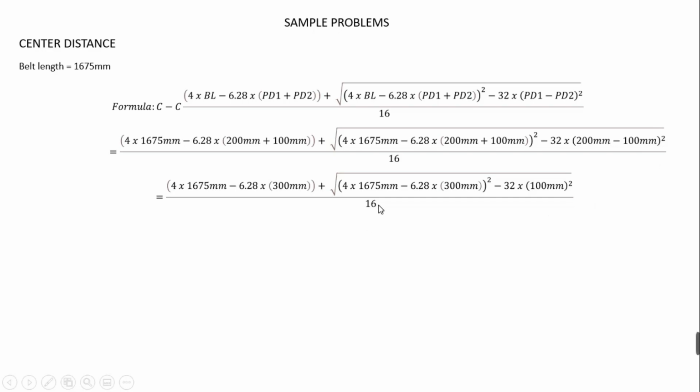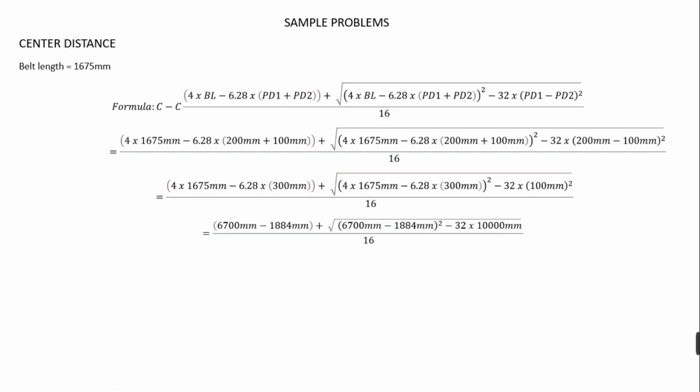Simplifying this furthermore, we will get 6,700 millimeters minus 1,884 millimeters plus the square root of 6,700 millimeters minus 1,884 millimeters squared, minus 32 times the 100 millimeters squared, which is equal to 10,000 millimeters, over 16.